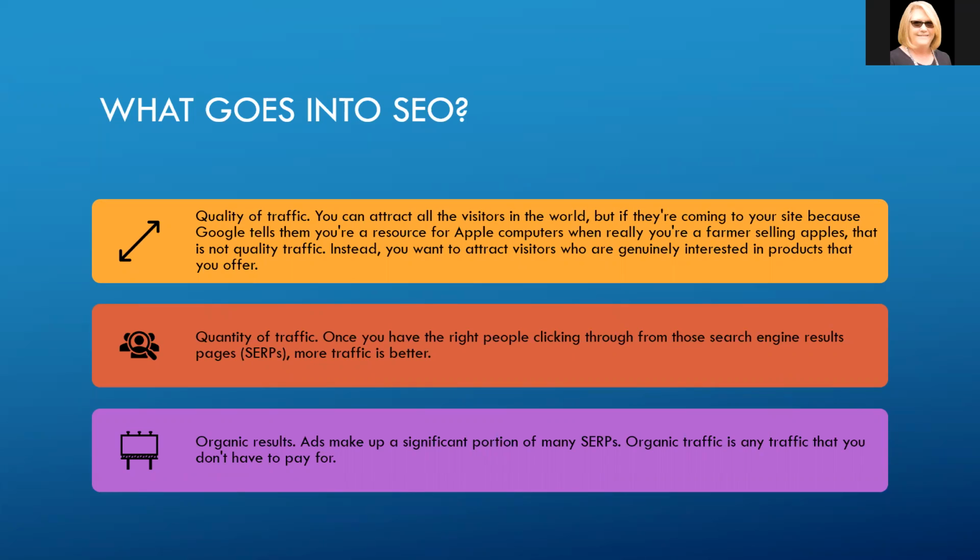But if you attract visitors to your site and you've got engaging content so they don't just bounce or leave without taking any action on your website, then it increases your quality of traffic or your conversion rate.